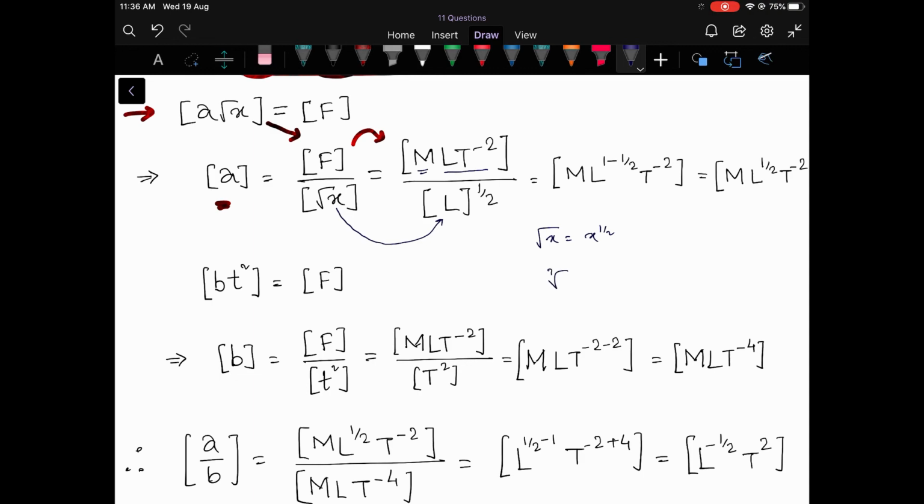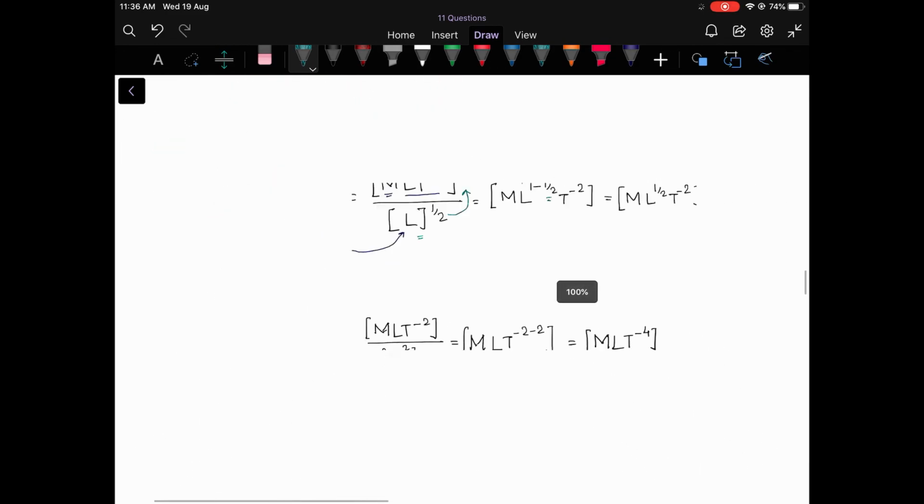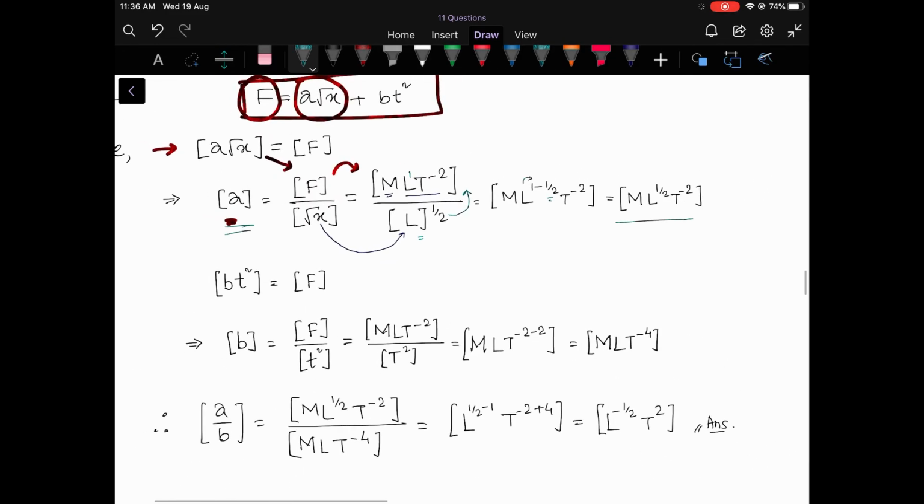If I have cube root of X, it is like X to the power 1/3, and if I have fourth root of X, it is like X to the power 1/4. Now this L, when I take it to the numerator, is going to have power not half but minus half. So we have here L power 1, and here we have L power 1 minus half. When we solve this, we get the dimension of A.